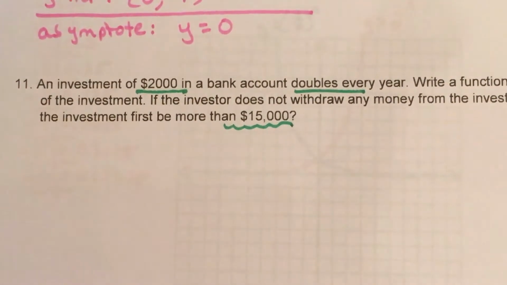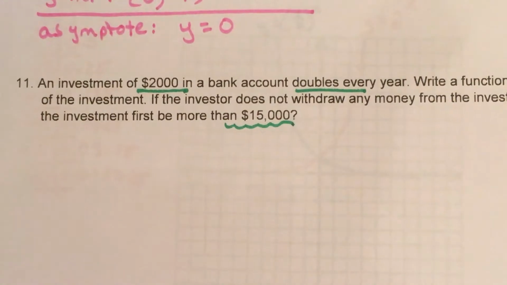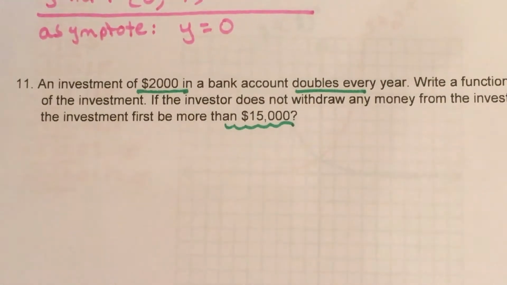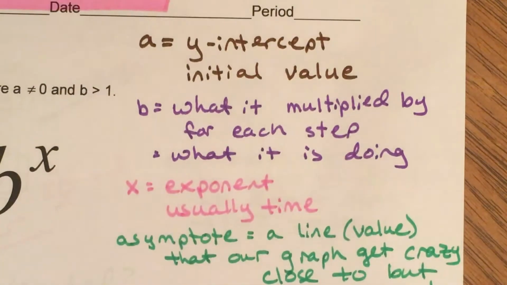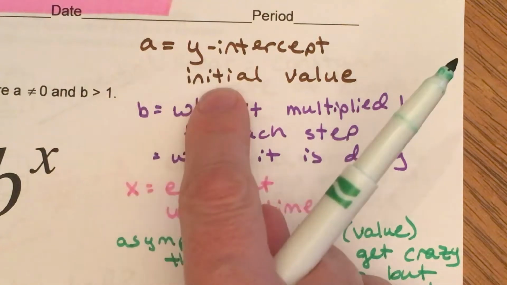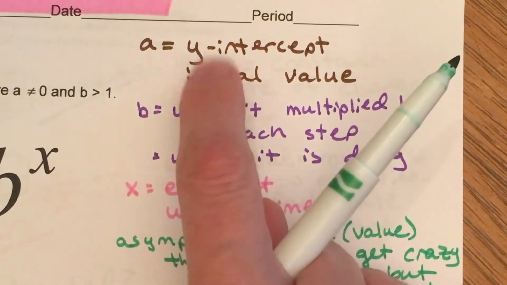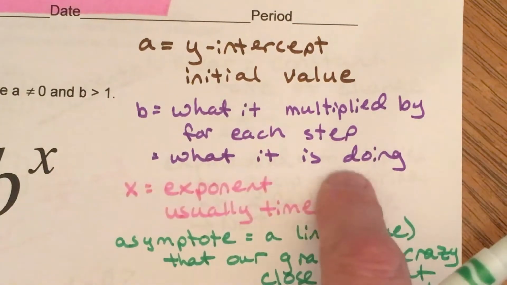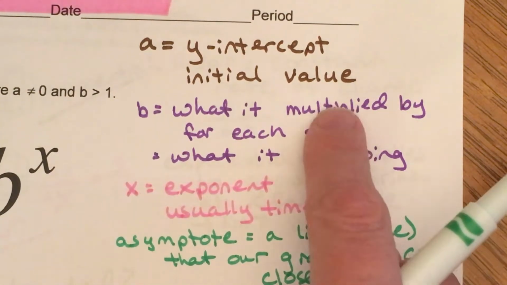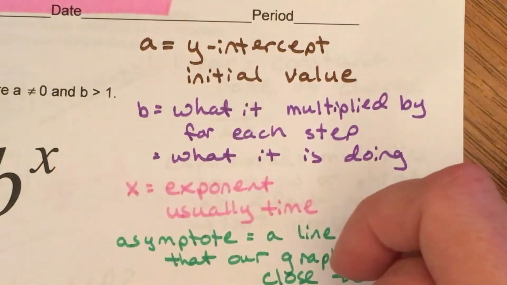Okay. So if you look at the very beginning, the front page of this, we said A is your initial value. It's also your y-intercept. B is what it's doing. That's what we're multiplying to A. Okay.